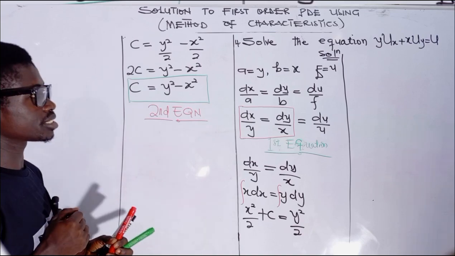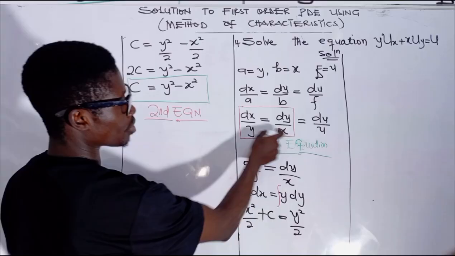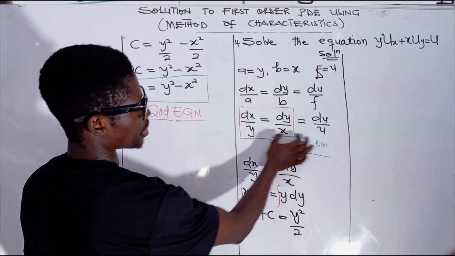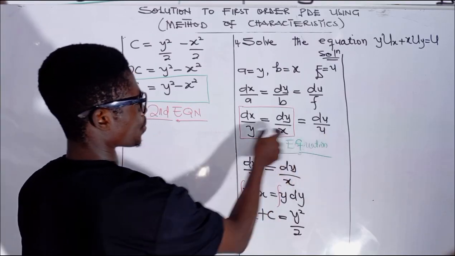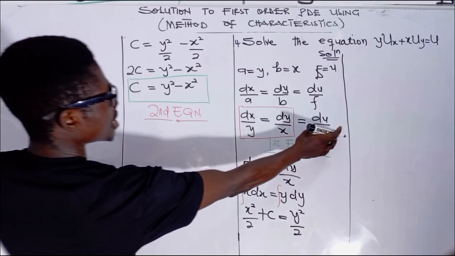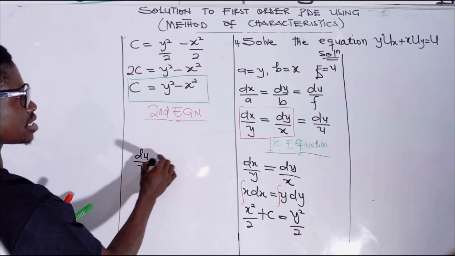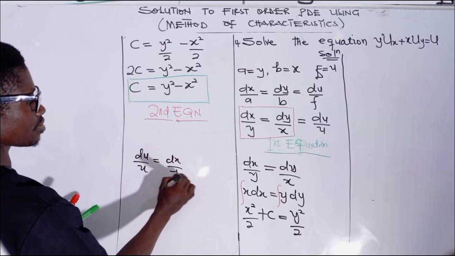With the second equation, since we have paired this and that, then we have to pair this with any of them. We can pair this with that, or we can pair this with that. When we pair du and dx, we have du over u is equal to dx over y.